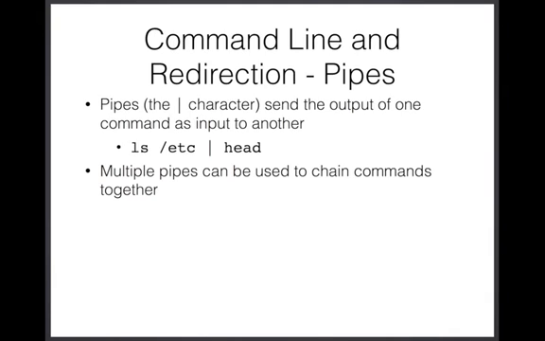A quick example of that is, you could use the ls command to list all of the files in a directory, and if the directory has a lot of files in it, that'll scroll off the screen. So you can pipe it to the head command and just get the first 10 lines by default, or you could use head to get the first few lines from the output. You could pipe it to tail to get just the end of the output.